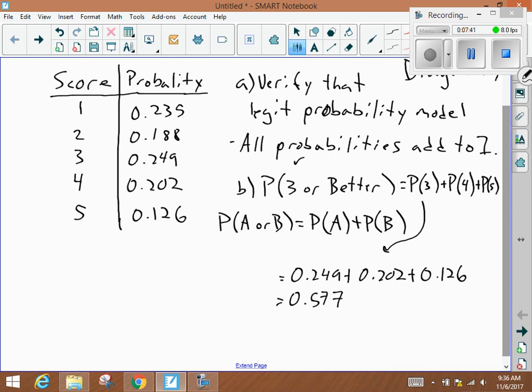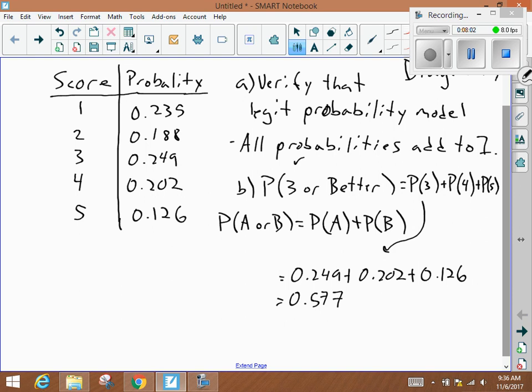Hey, you could also use the complement rule if you wanted to, but it would be weird. You could also do the probability that you didn't get a 3, which would be 1 minus the probability that you get a 1 or you get a 2. I'm going to just write that down just for grins, okay?